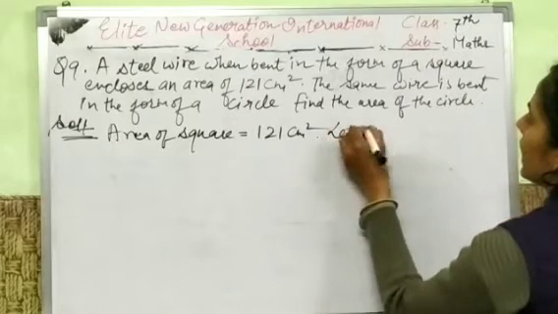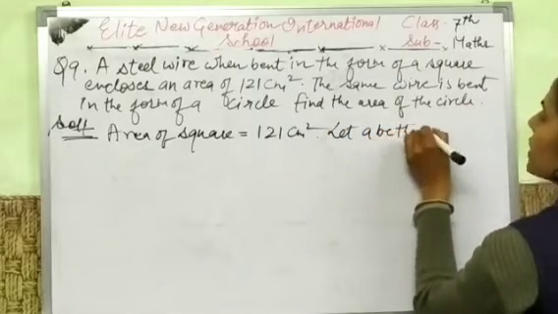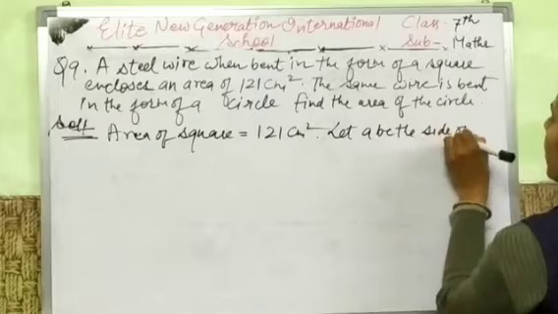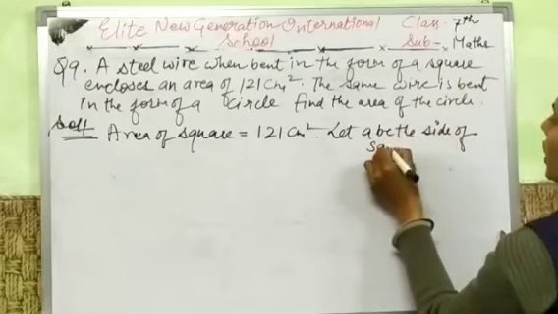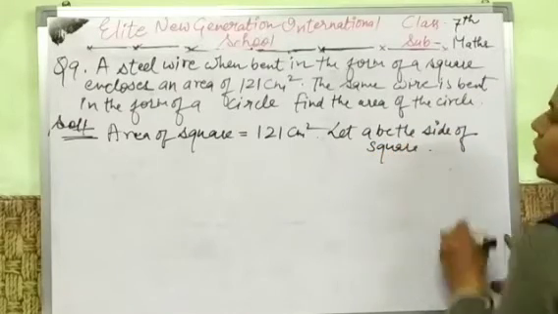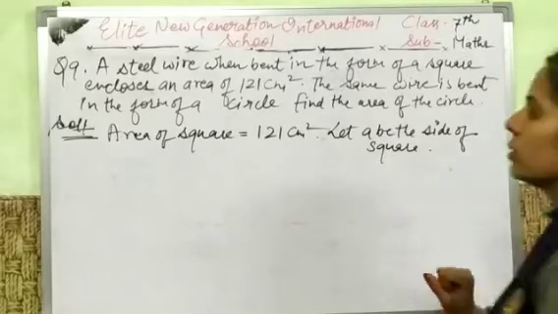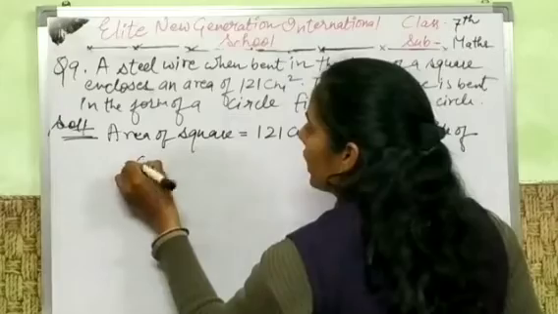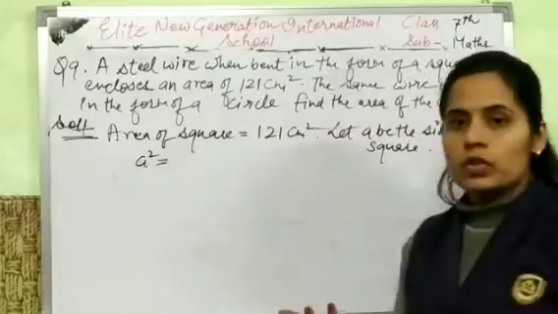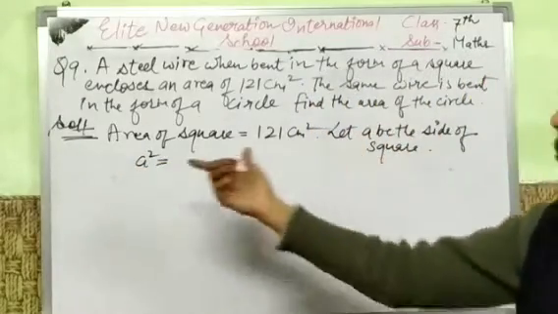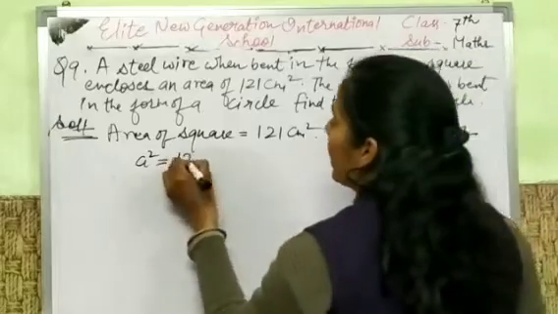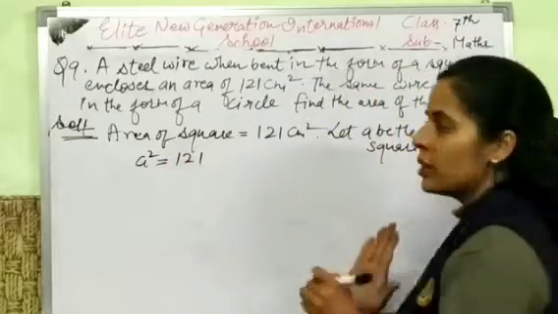Okay. So let A be the side of the square, because we know that the area of a square is side into side. So area of a square is A into A, which is A square, and it is given equal to 121 centimeters square.